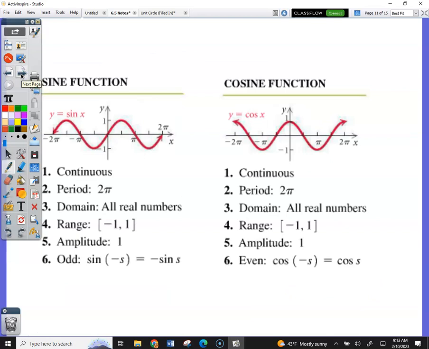Yeah. This right here is a very helpful slide that gives you all the properties of the mother functions for sine and cosine. Okay? It tells you that they're continuous, which means you don't have to pick your pencil up. That means tangent is discontinuous. Very good, not continuous.